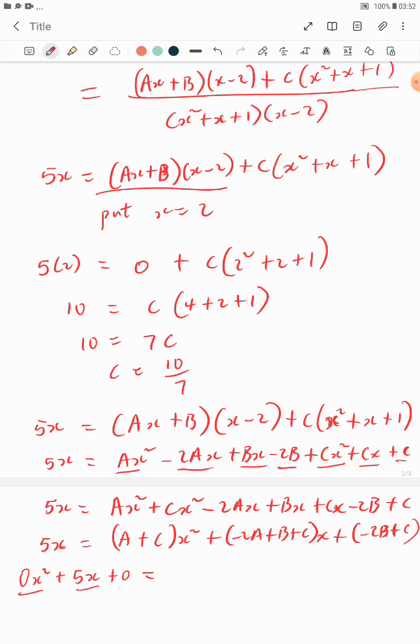So it looks like a quadratic expression already, so that you can easily compare it to this side where you have (a plus c) x squared plus (minus 2a plus b plus c) x plus (minus 2b plus c). So that's what we have.